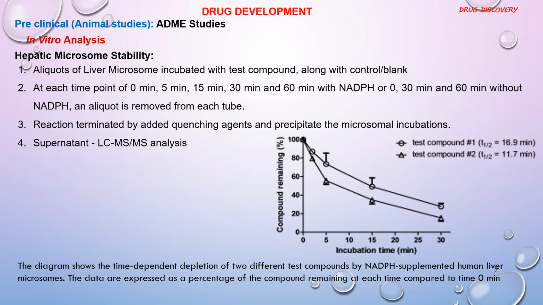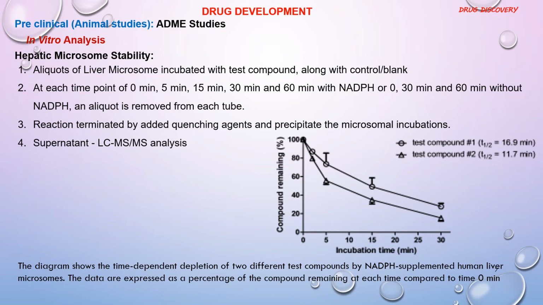The supernatants are analyzed by LC-MS for the parent compound. A time-dependent depletion graph is plotted with the incubation period in the x-axis and the percentage of presence of compound in the y-axis, as shown in the figure.